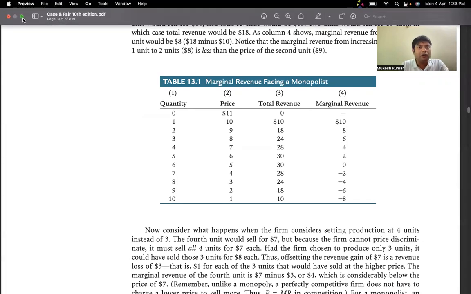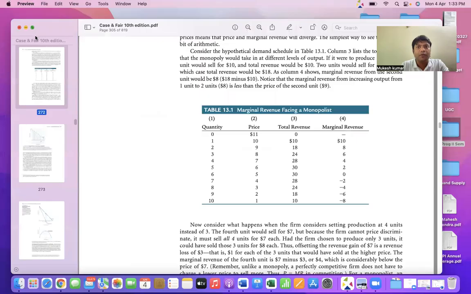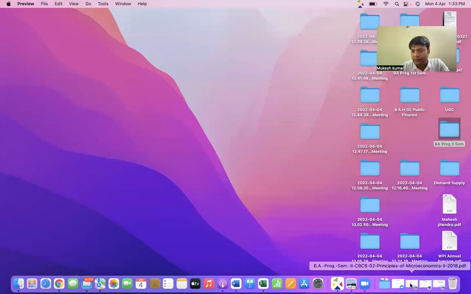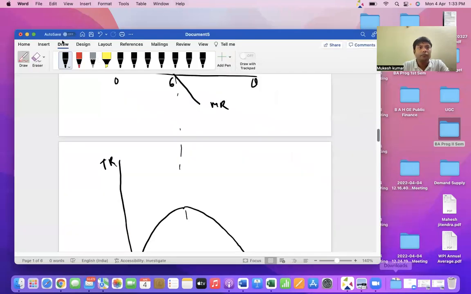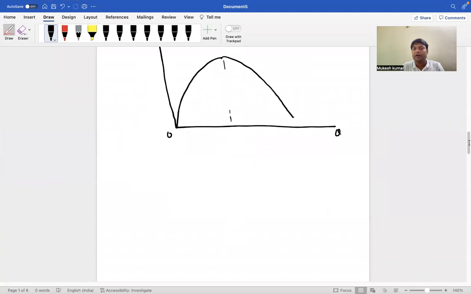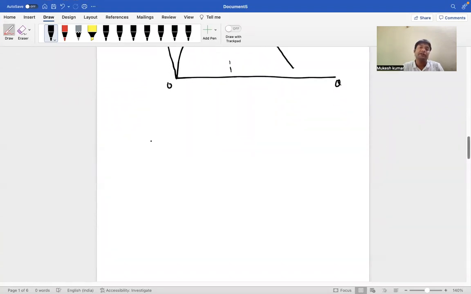If you recall, under the perfectly competitive market, the condition for profit maximizing was when marginal revenue becomes equal to marginal cost.